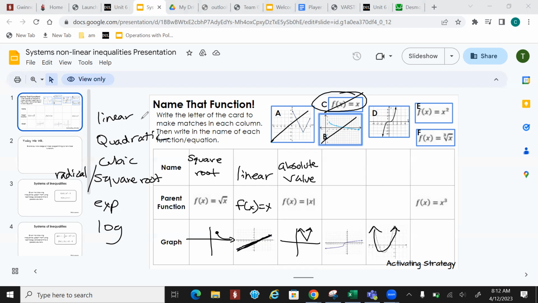It's not linear, it's not a square root, not a log, not exponential. What do we got? So this U shape is going to be called a parabola, which is going to be a quadratic. So we're going to say quadratic, and that's going to have that exponent of x squared.